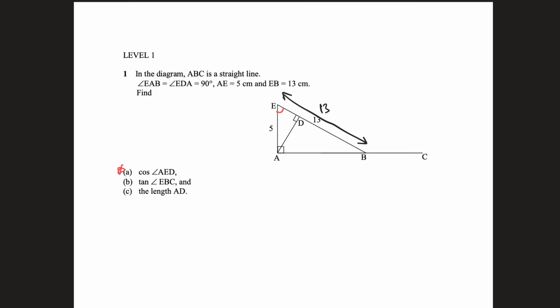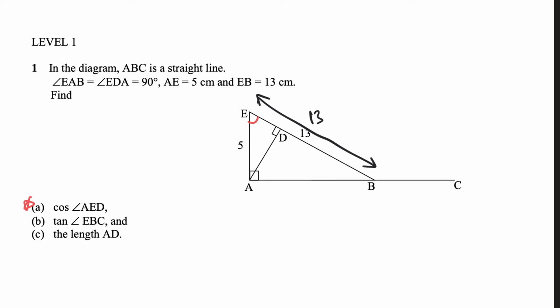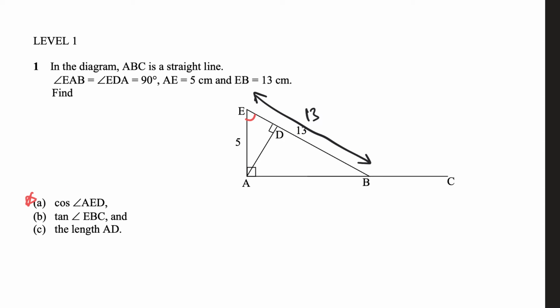One thing to note for sure is that it belongs to a few triangles. One triangle it belongs to is this, but the problem is we don't know this length or this length. We only know this length, so maybe it's not that useful. Another triangle it belongs to is this triangle.